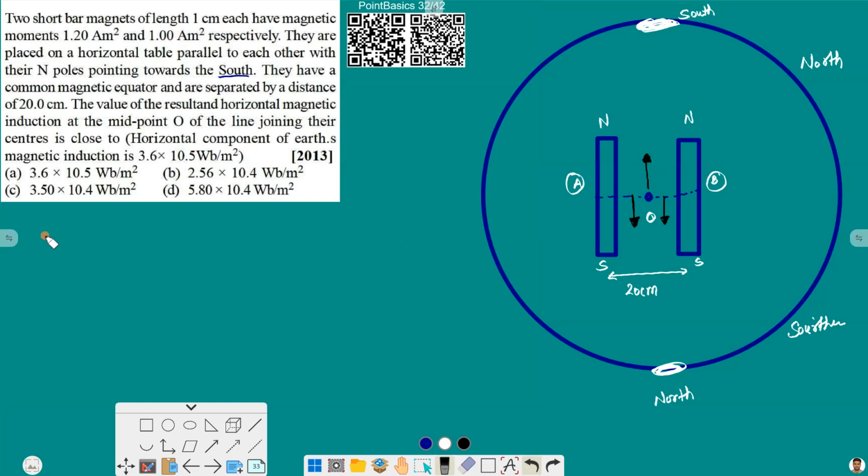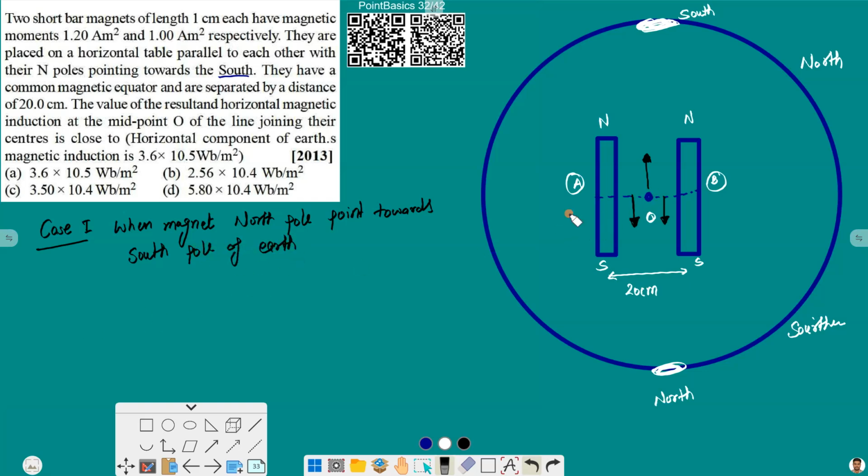So case 1, when the magnets' north poles point towards the south pole of Earth.